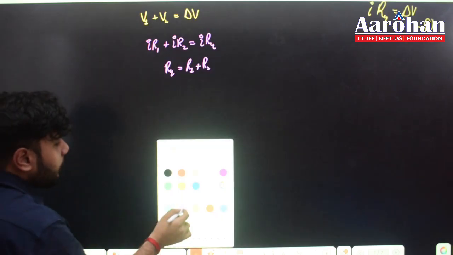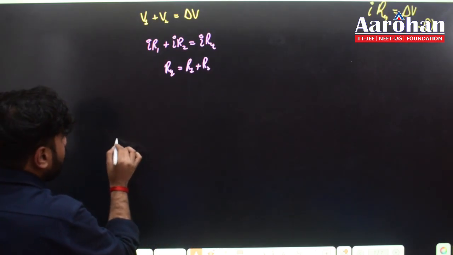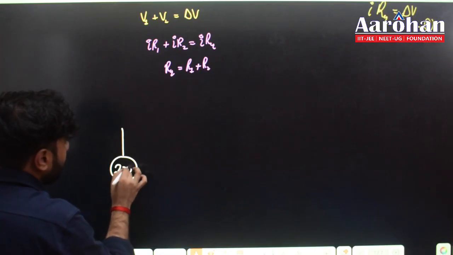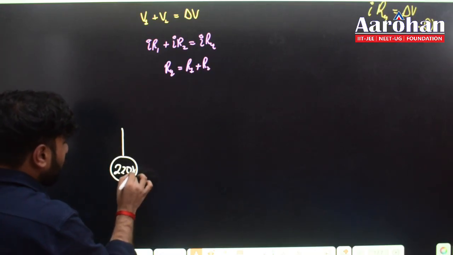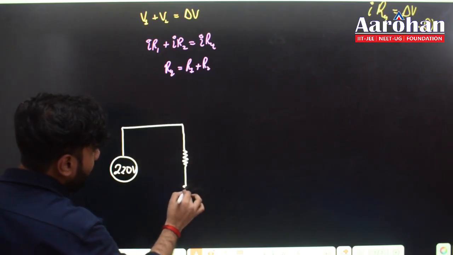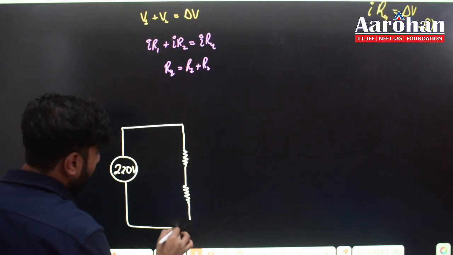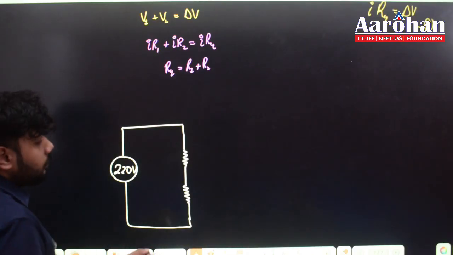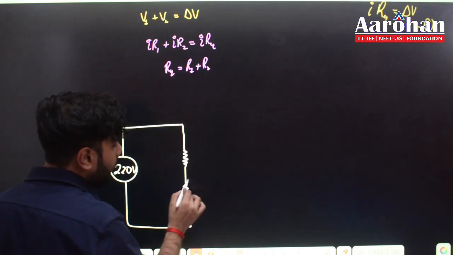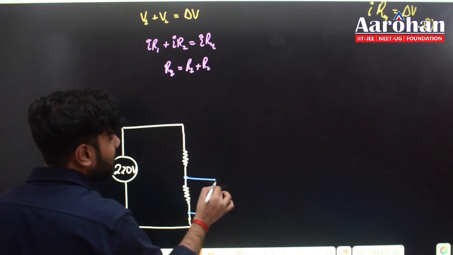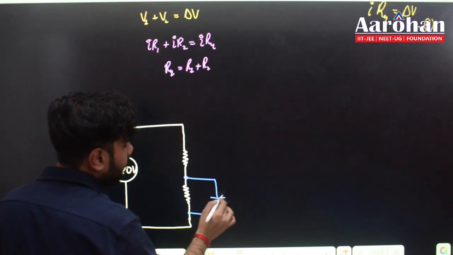For an easier example, let's say I had a source of 220 volts, and I had 2 resistors, and imagine here I have connected, for example, an LED.